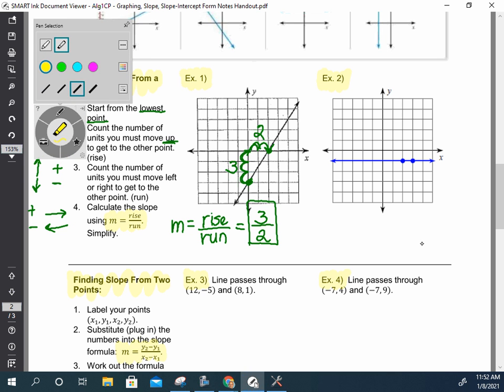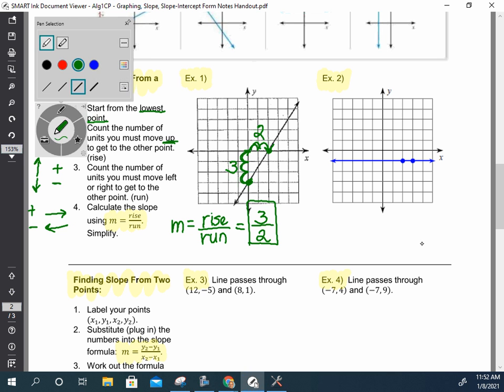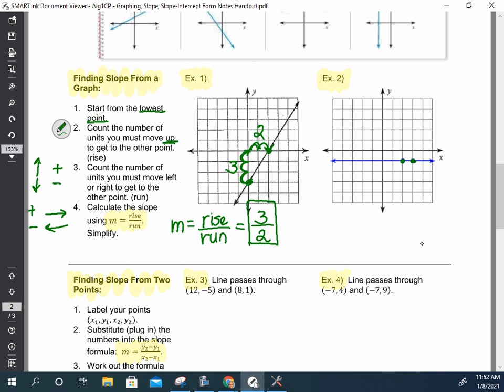So, example 2. For example 2, I have my 2 points. Do you have to rise for this problem? No, you're not going up or down.